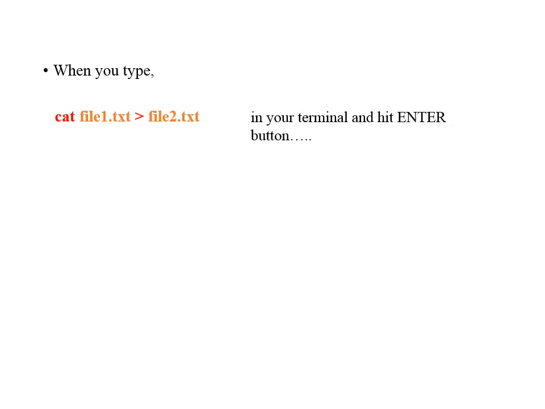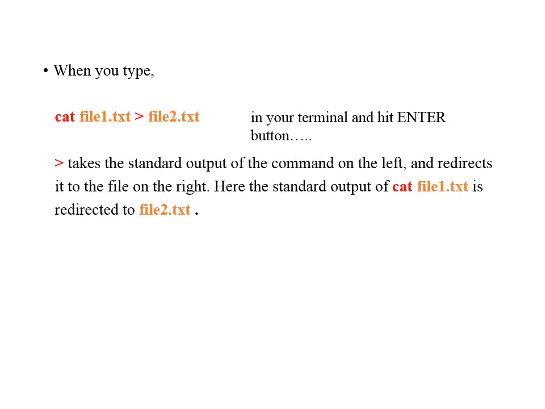When you type cat file1.txt greater than file2.txt in your terminal and hit enter, greater than takes the standard output of the command on the left, and redirects it to the file on the right.